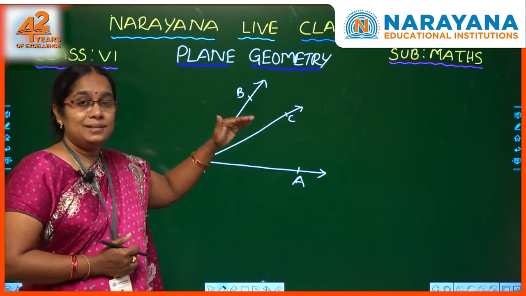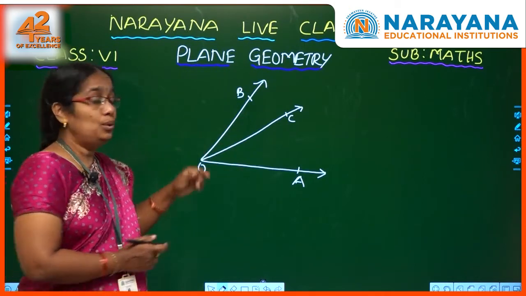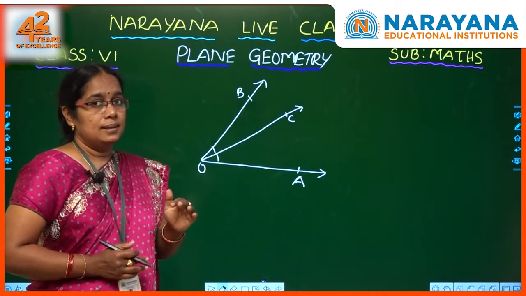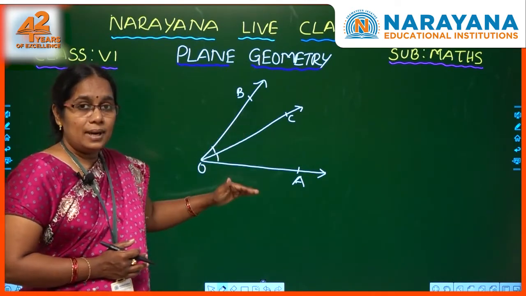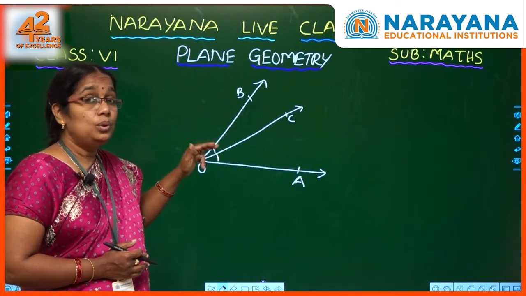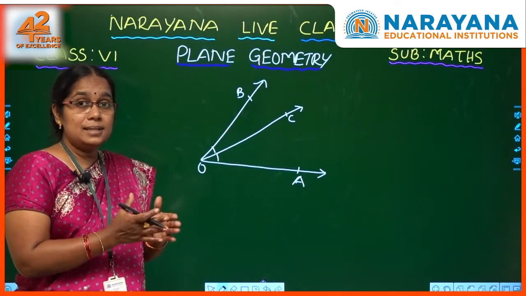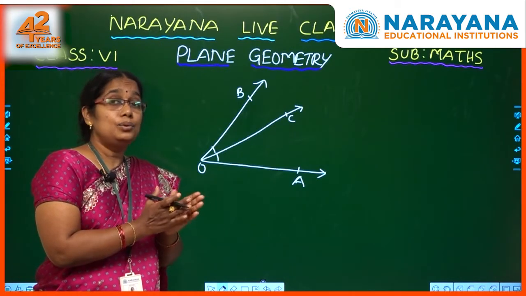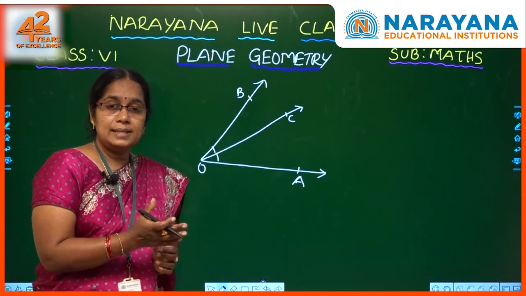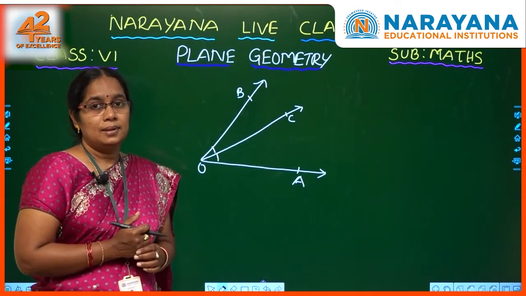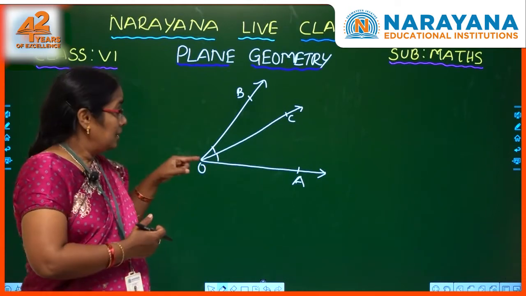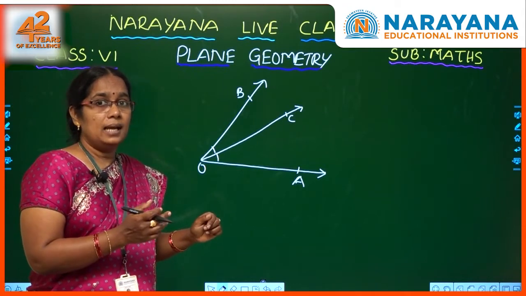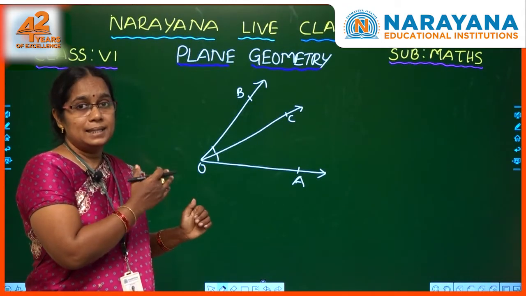The ray OC is dividing the angle AOB into two equal angles, that is, congruent angles. Here ray OC is dividing angle AOB into two congruent angles. That means it is bisecting. So when a ray divides an angle into two congruent angles, it is bisected. What is bisecting here? Ray OC is bisecting.